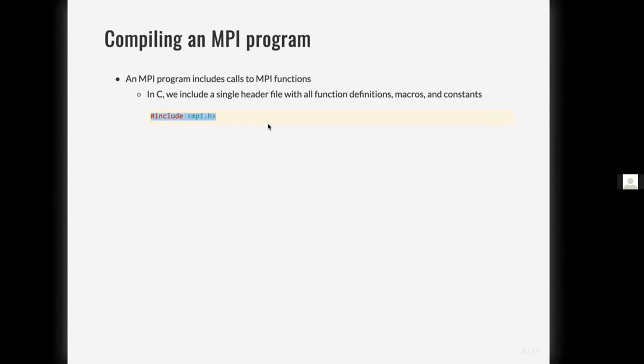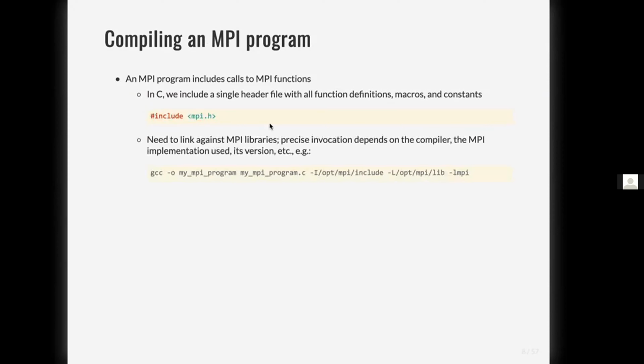And when you compile your C program, just like any other library, you need to link against MPI, right? So somewhere on the system, not necessarily what I wrote here, this libMPI resides, and so you need to compile your program like you usually do in C by including these.